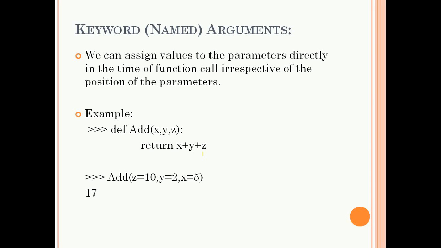Here during the function call we can assign values to the parameters directly. So during the function call we have to mention the exact name of the parameter. So basically we can assign values to the parameters directly at the time of function call irrespective of the position of the parameters.